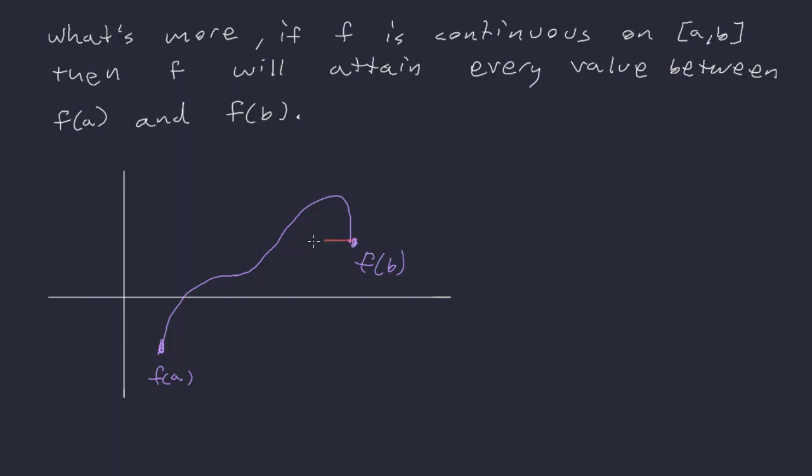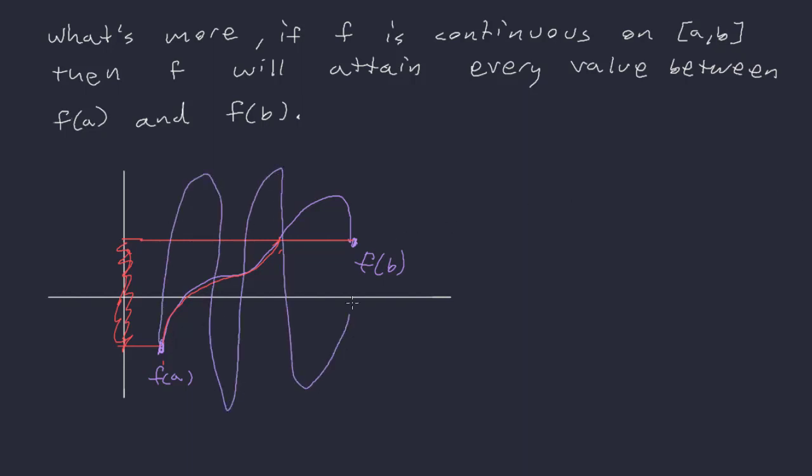We might hit more like we do in this case, but notice that we are hitting every y value in between f of a and f of b at least once. Now again, we might hit them more than once because we might do something like this where we hit them multiple times.